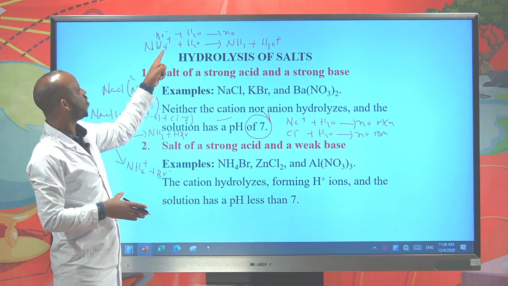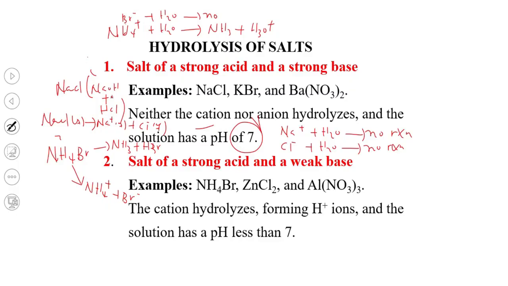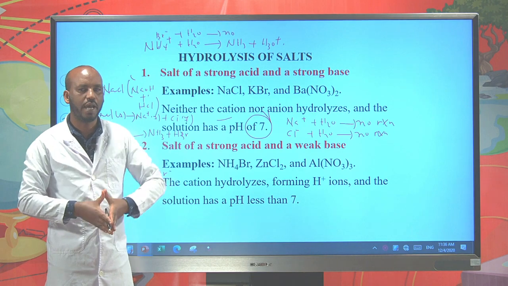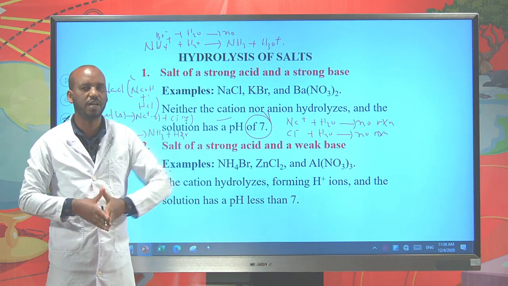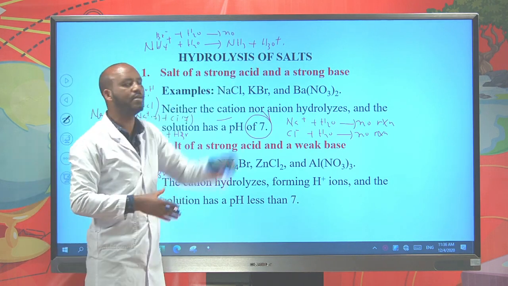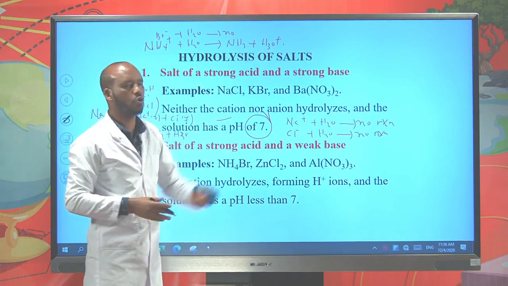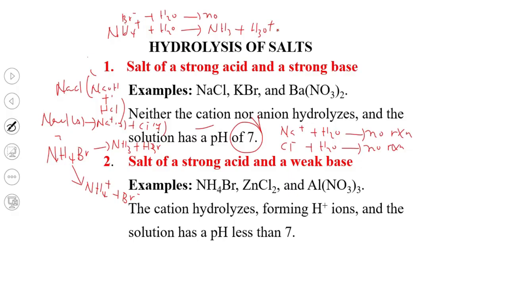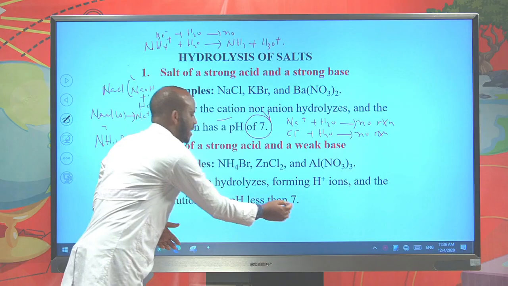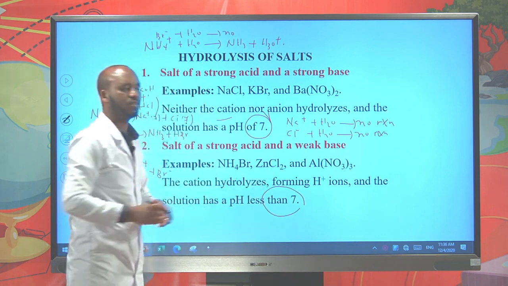Now, NH4+ reacts with water to produce hydronium ion. The solution becomes acidic, because a solution is said to be acidic if there is excess hydronium ion in the solution. The pH of the solution is less than 7, an acidic solution.